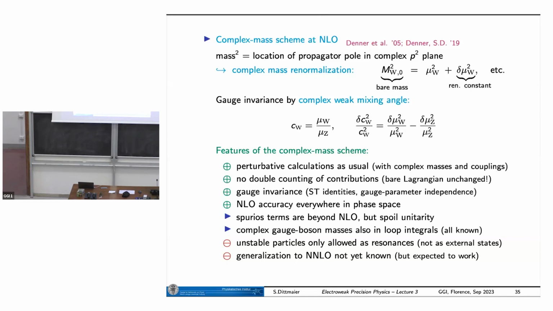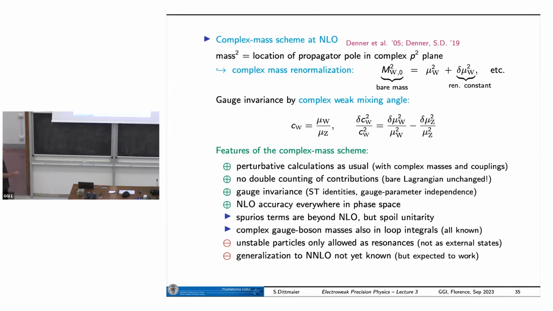One should also be honest and look into points that maybe are not so trivial. First of all, there are so-called spurious imaginary terms, which, for example, come from these complex couplings. So actually, there should not be any width effect in the couplings, but nevertheless, you have it here.